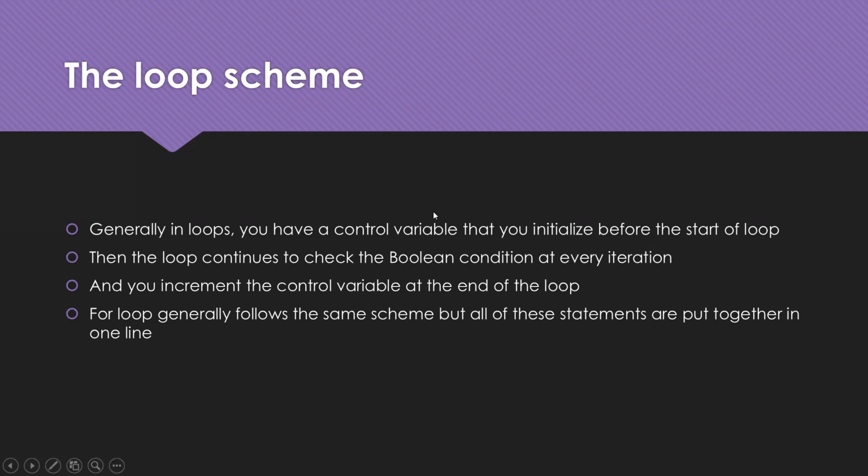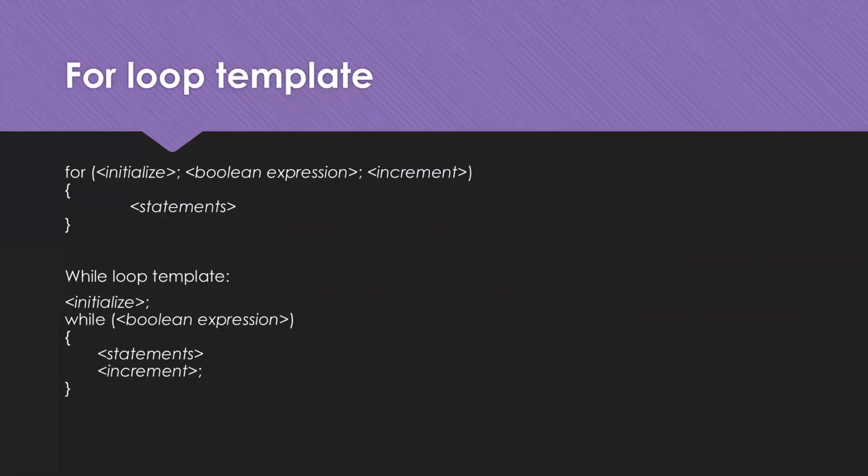As I said before, the for loop generally follows the same scheme, but all of these statements are put together in one line. So here is the for loop template, and below it, I have given the while loop template, so that you could compare the two templates together. In the for loop, you can see within the brackets, I have written the initialization first, and there's a semicolon after that. This is the first statement of the for loop, where you initialize the variable.